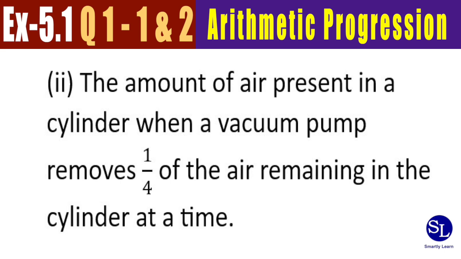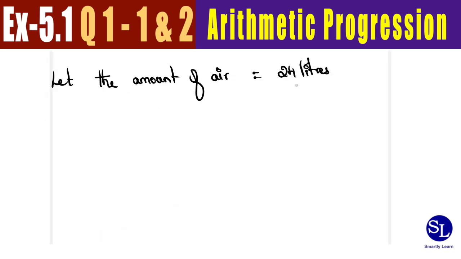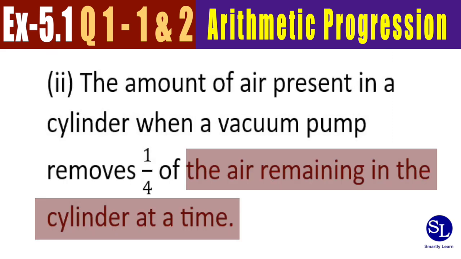So I ended up picking 24. You can do 28, 32, anything of your choice, but we are going to assume it is a multiple of 4 mainly because we are going to do a 1/4 calculation. So if the amount of air is 24 liters to begin with, you're going to remove 1/4 of the remaining air at a time.